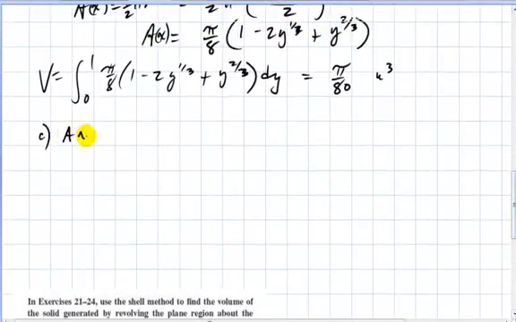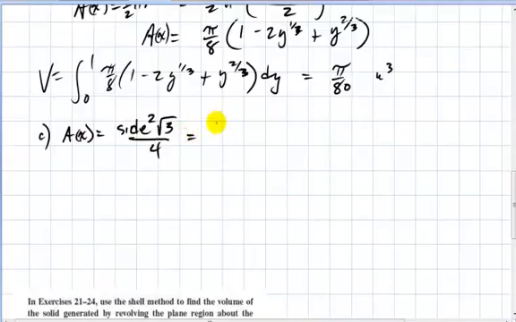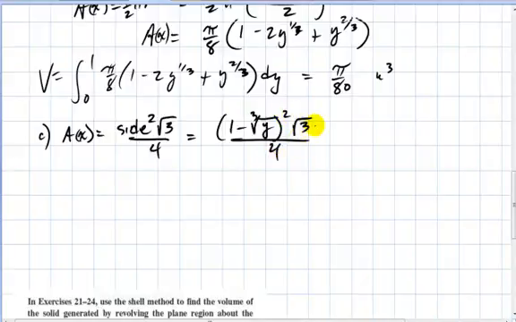So my A of x here for an equilateral triangle, if you remember, is side squared times root 3 divided by 4. So my A of x this time is 1 minus the cube root of y, to the second power, times root 3 divided by 4. That's my A of x. So my constant here is root 3/4. I want to integrate this from 0 to 1.